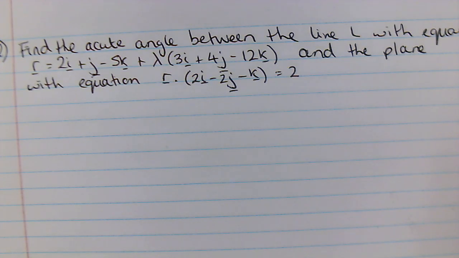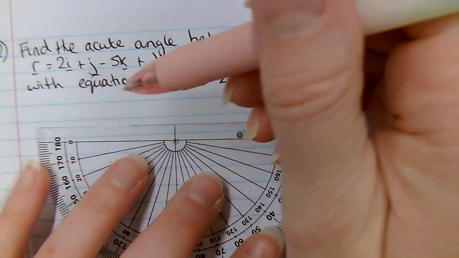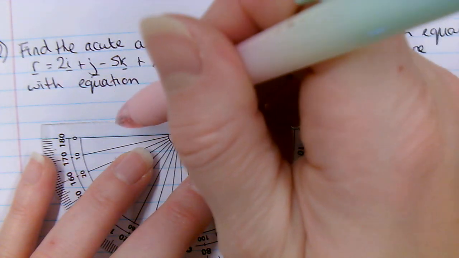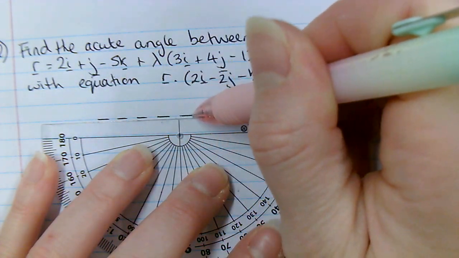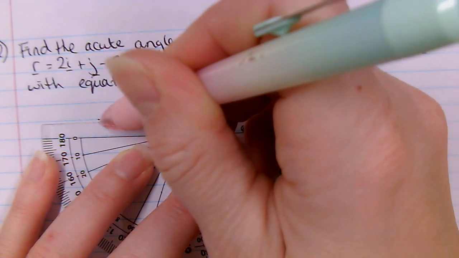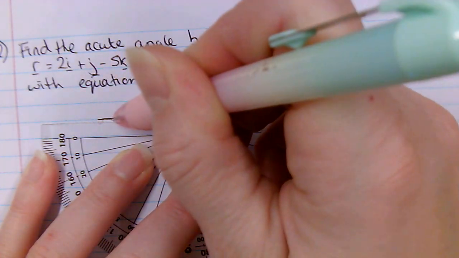Okay, so like I said, they do it in 3D on the PowerPoint, but if we think of that in 2D, if this is my plane, I'll do the plane as a solid line.